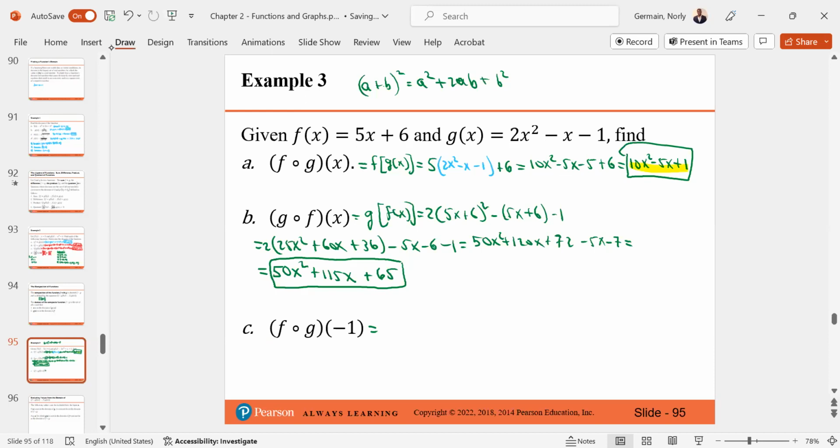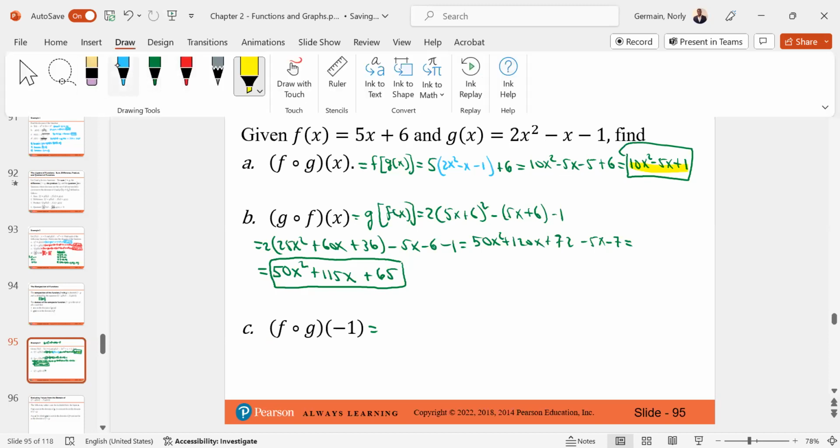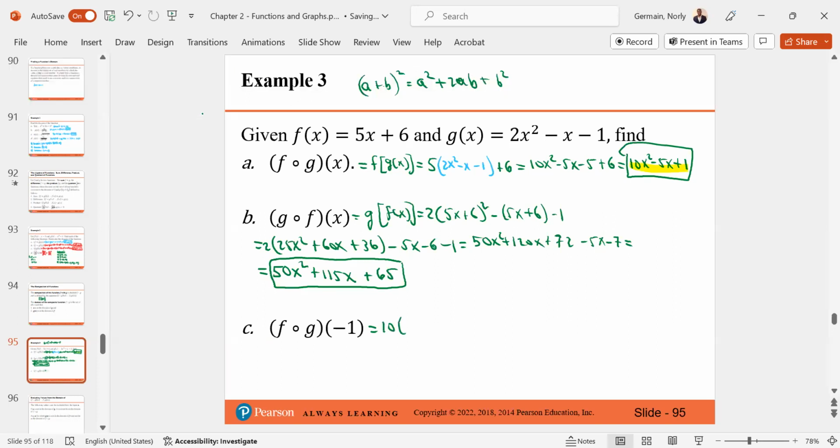We can substitute x for negative 1. So if we substitute x for negative 1, we're going to have 10 times negative 1 squared minus 5 times negative 1 plus 1. That gives us 10 plus 5 plus 1, which is definitely 16.